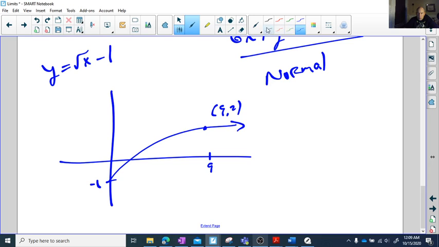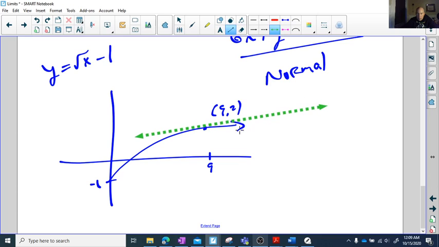And then we drew a tangent line. Let's use something we can see here. So there was my tangent line. And we found the slope of that over there to be 1 over 6. So the slope was 1 over 6. So I used that slope, that point, and I found the equation of that line.